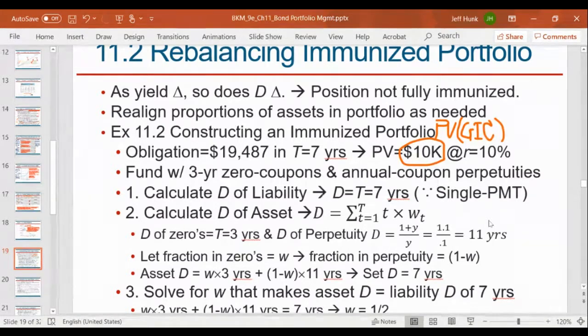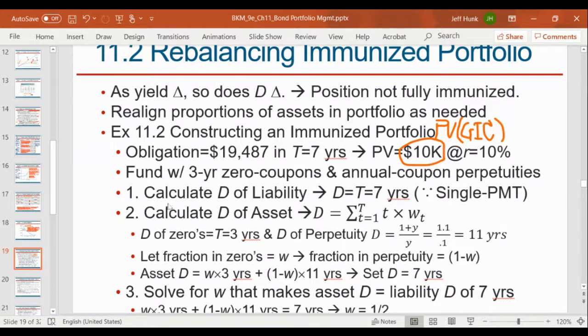Then our question is, what proportion of that 10,000 do you put into a zero coupon, and what proportion into perpetuity? So it's a question of how to weight it, the allocation of weight.